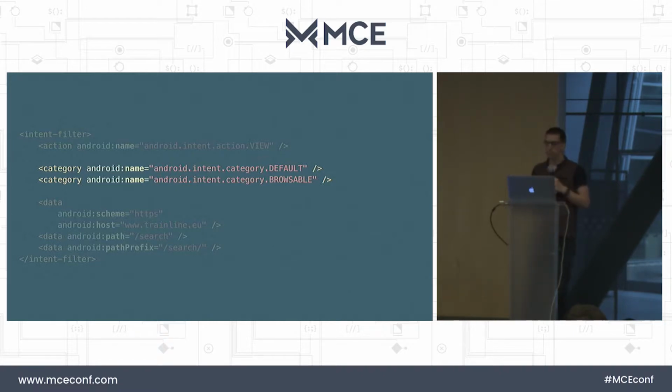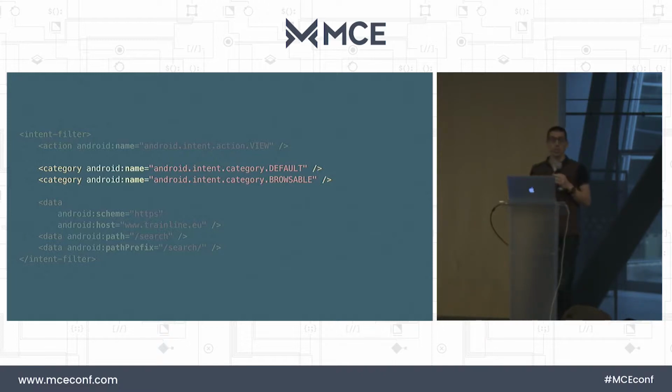And the second one, once again, is mandatory if you want to catch URLs, and it's called browsable. Okay, the category browsable. What it does is that basically it informs the system that your activity is safe to be opened from the outside world. So why is that mandatory?